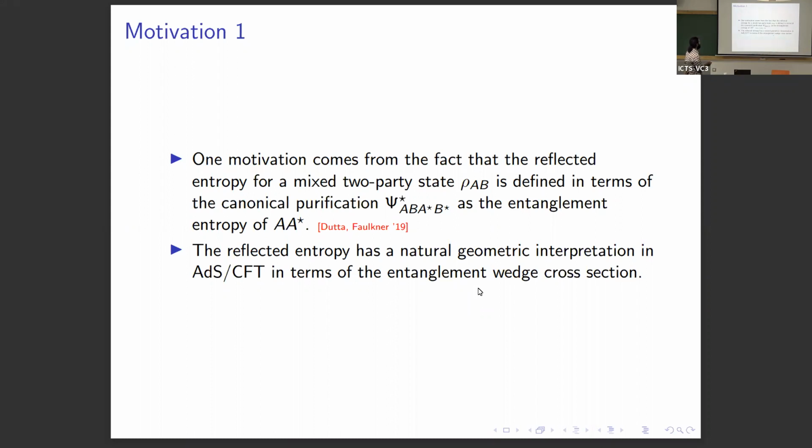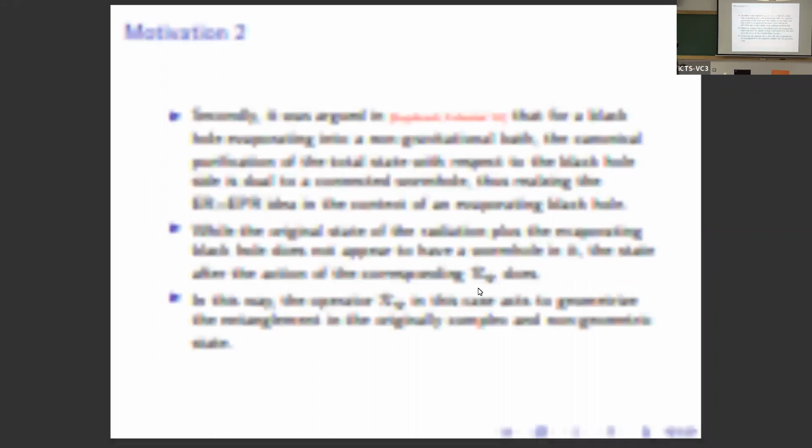If you have a bipartite mixed state, rho AB, then there is something that you can compute in its canonical purification, namely the entanglement entropy of A star, which has a geometric interpretation in AdS/CFT in terms of the cross-sectional area of the entanglement wedge of A. It would be wonderful if the reflection operator itself had some nice geometric meaning. I will tell you to what extent we understand this. That would be ideal. That's where we are headed with this. We are not there yet. Okay, good.